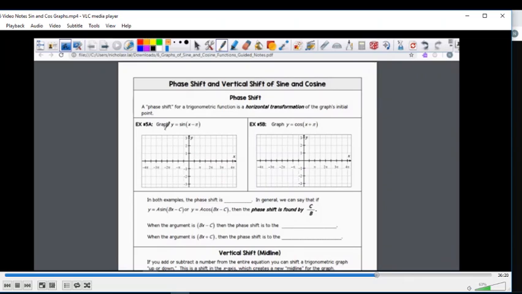A phase shift is just a shift left or right. So you just take the original sine graph and shift it here to the right pi. Here you take the cosine function and you shift it to the left pi. And you'll see me write those critical values and graph the function.